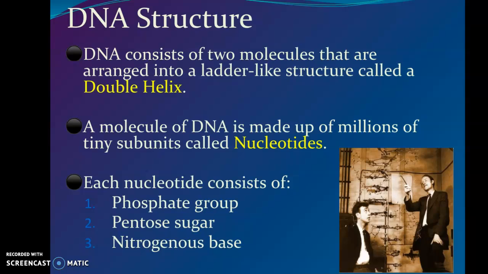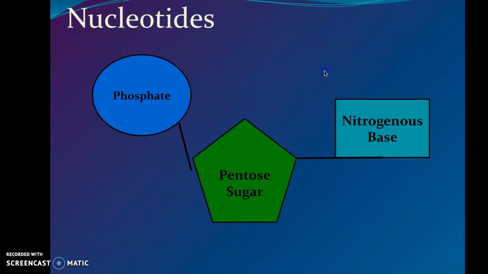So all of the DNA that makes up who you are is different combinations of these bases in different orders. So there's only four types of nucleotides: one that has an adenine on it, one that has a thymine on it, one that has a cytosine on it, and one that has a guanine on it. So that is a picture of what a nucleotide looks like.